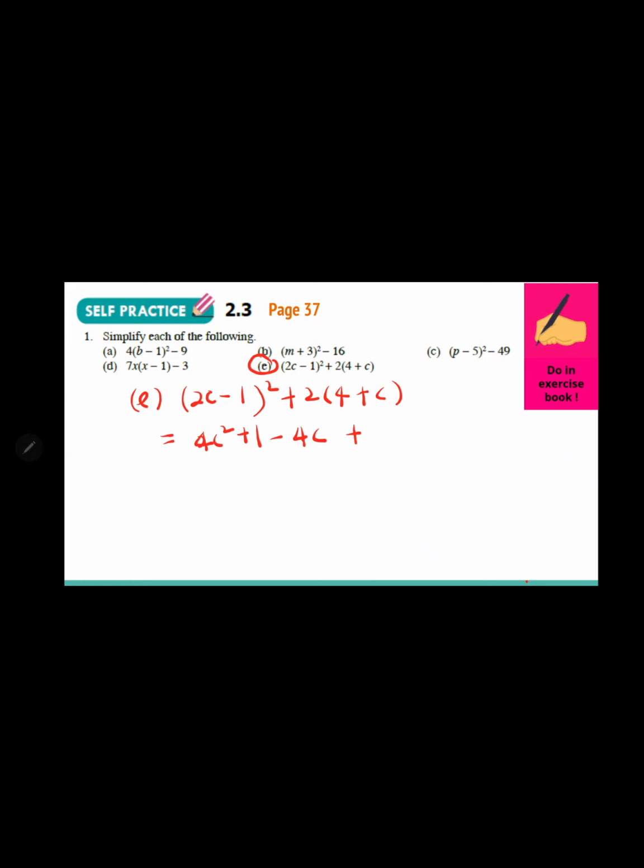Then do bracket, 8 plus 2C, 2C square, number and number, plus 9 minus 2C. Can I factorize? Normally we leave this as the answer. If I can factorize, let me think. Can or not? Cannot. So we will have this answer.